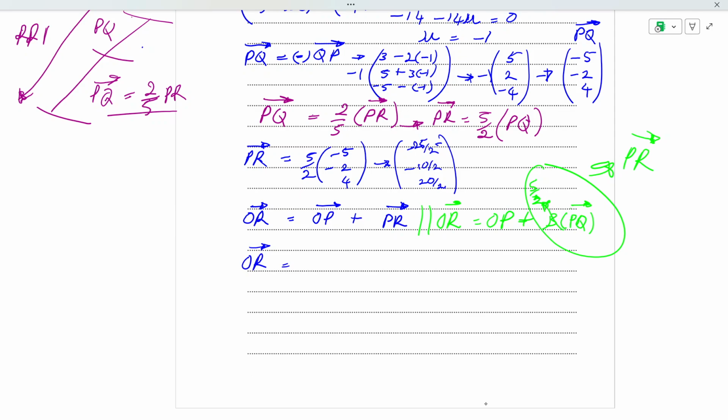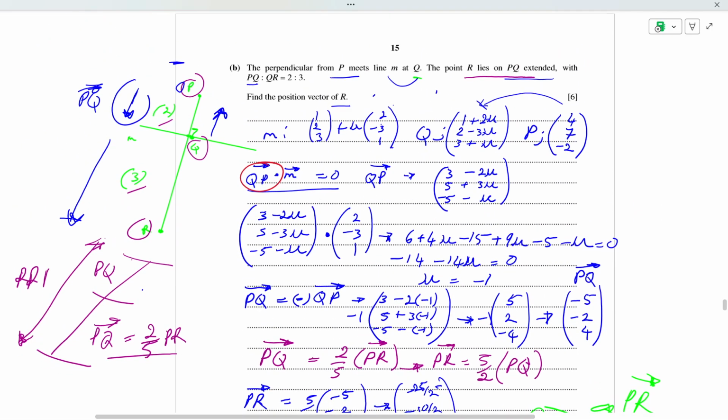So OP now is 4, 7, -2. Remember, OP is the same as P. This is OP, this is OQ, this is OR. Remember, it's a line and the equation of the line.